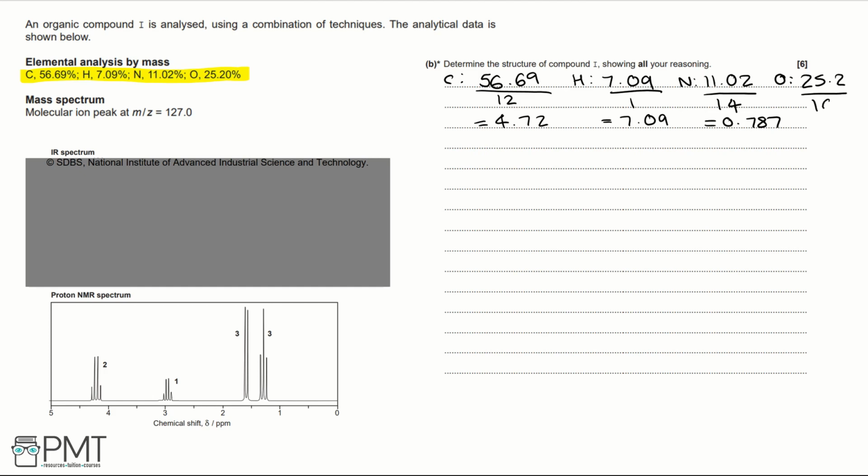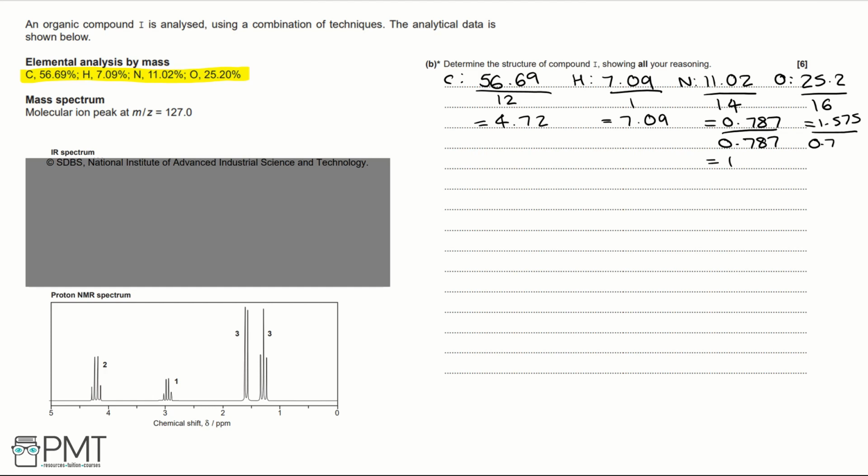And finally, oxygen, 25.2 divided by 16 equals 1.575. Then we divide by the smallest number, which is nitrogen's 0.787. So dividing everything by 0.787, for nitrogen we get 1, for oxygen we're going to get 2.